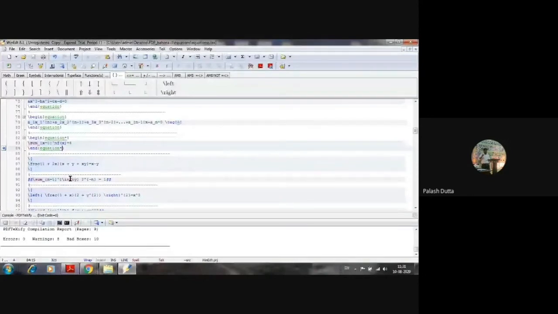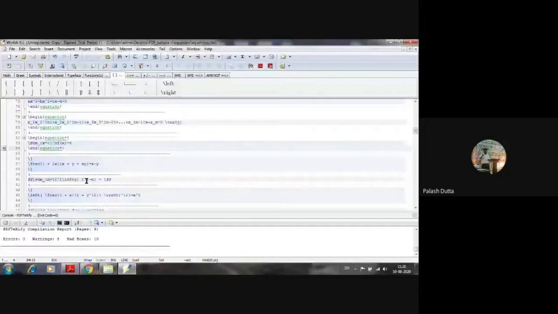Underscore means subscript. If we write underscore, it will come in the subscript, and if we write cap, it will go to the power of superscript, right? Then 2 to the power minus n equal to 1, right? This is the expression here.